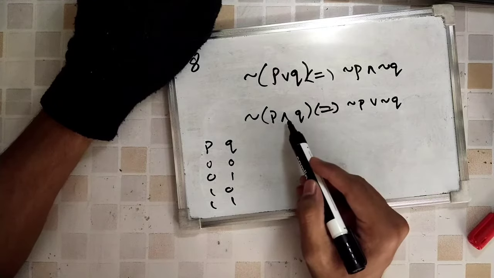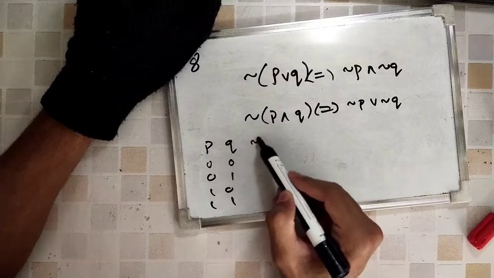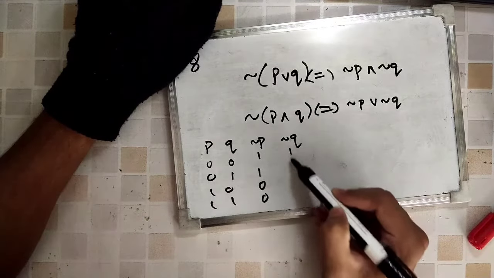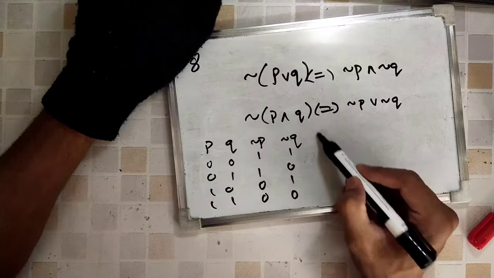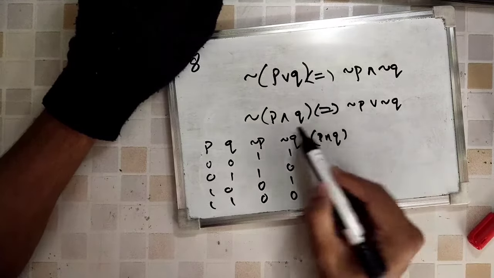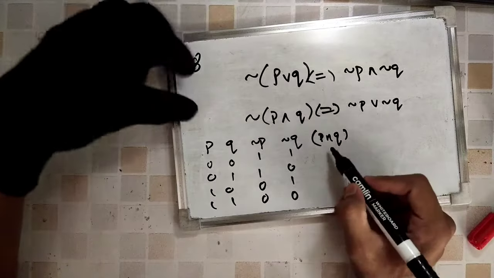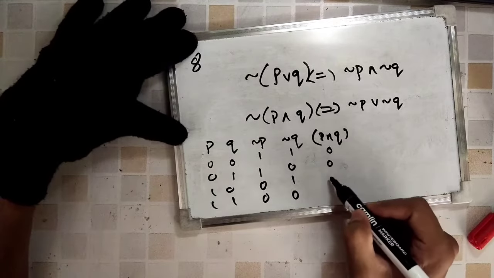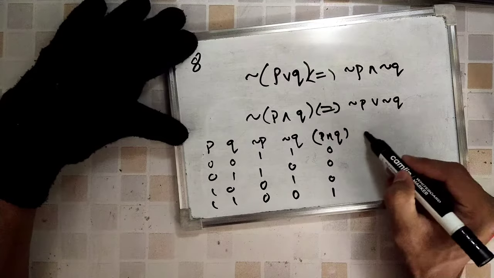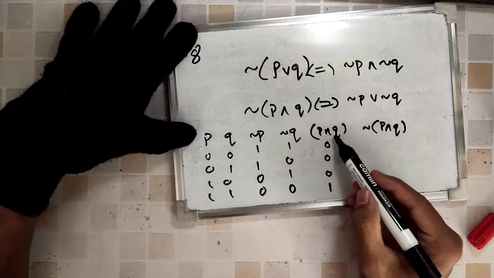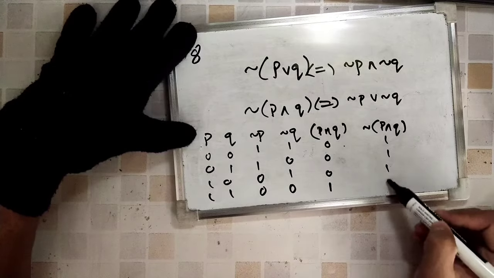First I will take negation P here and negation Q here: 1 1 0 0 and 1 0 1 0. Now I will take P and Q. If I prove this, then automatically this also, you just have to change the opposite. P and Q is 0 0 0 1. So negation of P and Q will be 1 1 1 0.